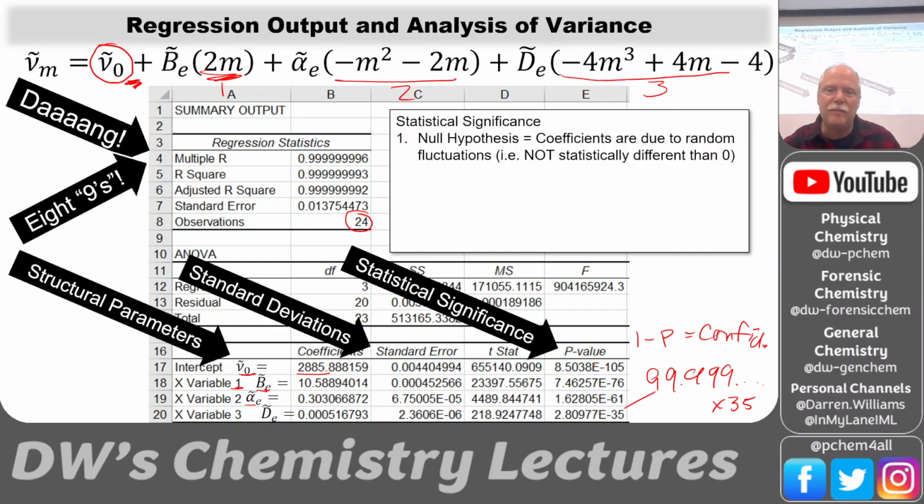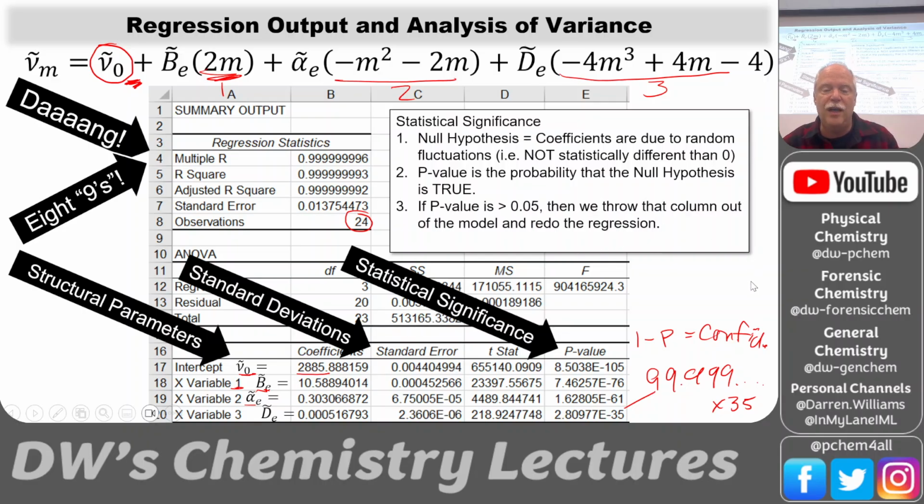Okay. And so this is that probability that the null hypothesis is true. So this is not generated by random noise. That is generated by statistical significance in our data. It's matching the scatter in the data. Okay, if p-value is greater than 0.5, we throw that column out and redo the model.